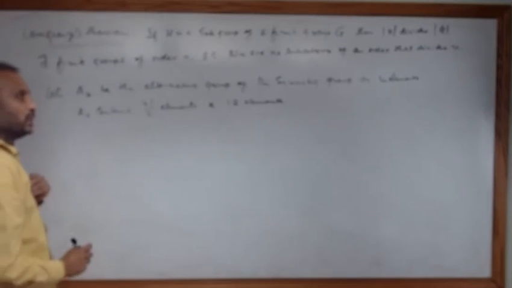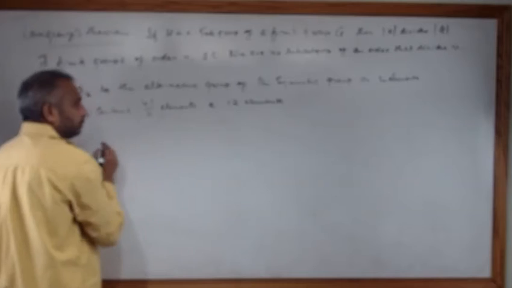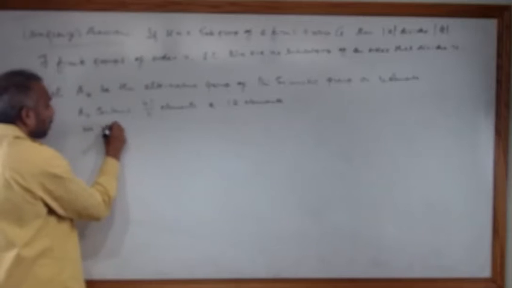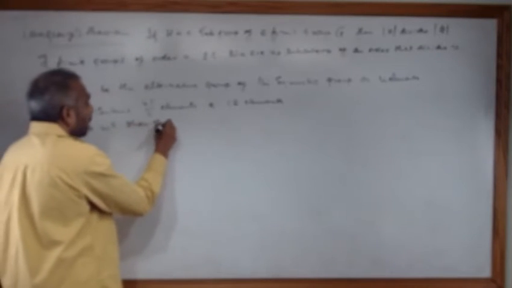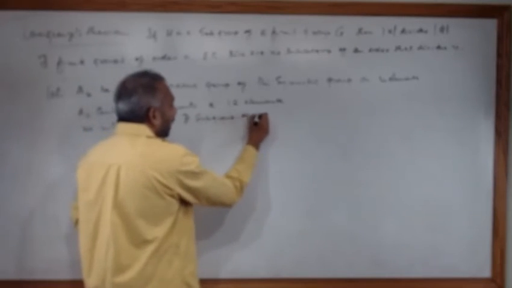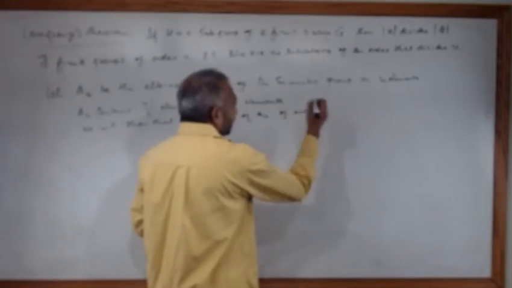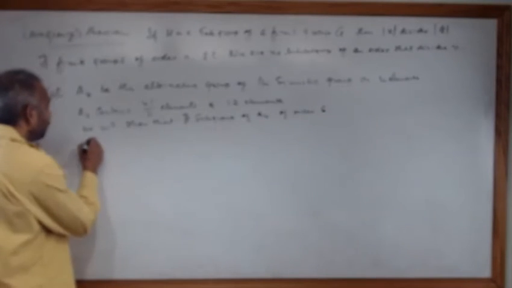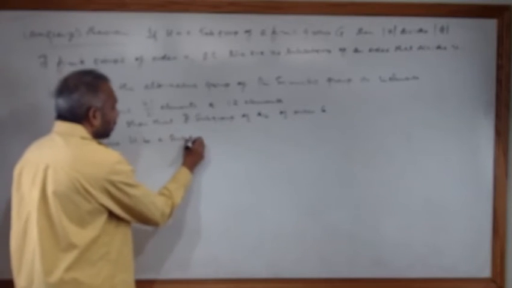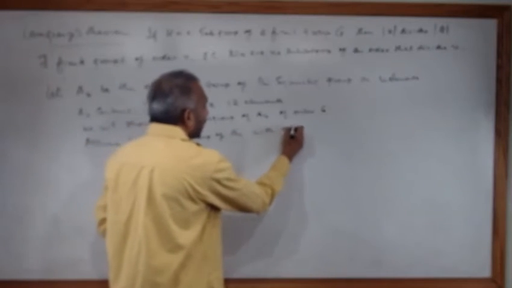Now what we are going to prove is there exists no subgroup of A4 of order 6. So we will show that there exists no subgroup of A4 of order 6. So we'll assume H is a subgroup of A4 with order 6.